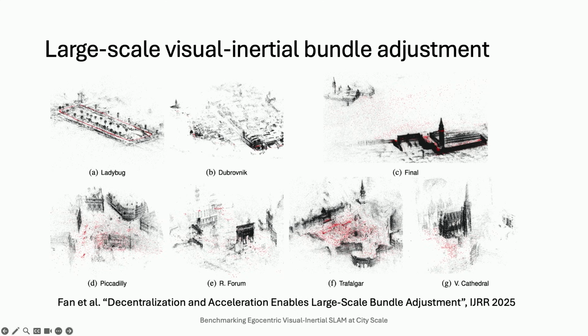It's also from Meta, called DABA. This is a decentralized, distributed large-scale bundle adjustment pipeline that was released as an arXiv paper 3 years ago. And we hope that with a more centralized open source community, this kind of large-scale visual inertial bundle adjustment development can become easier.